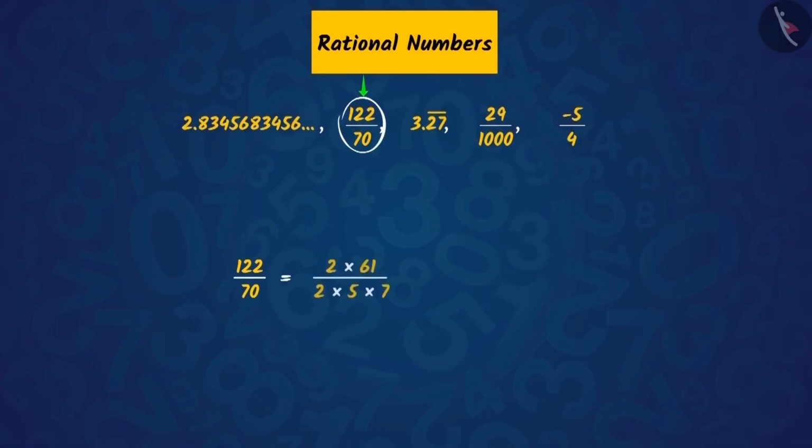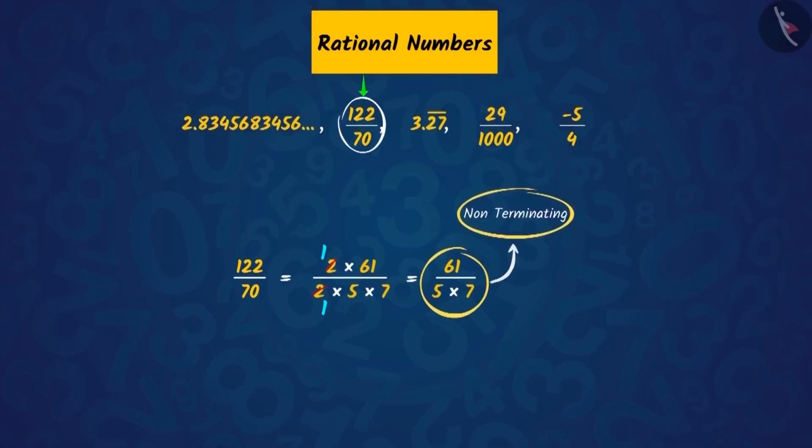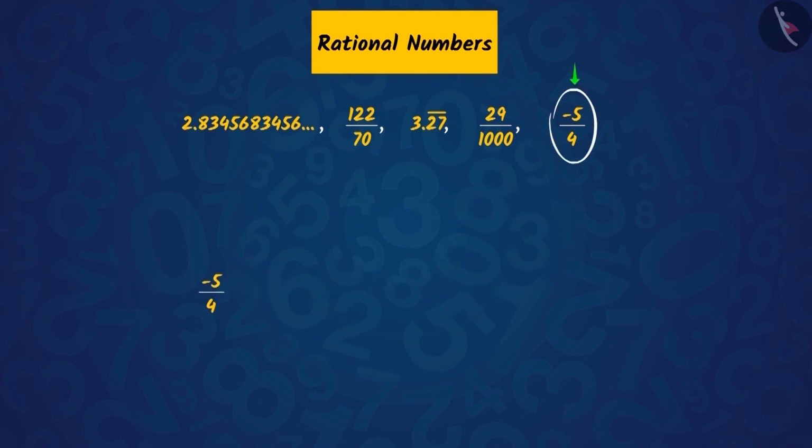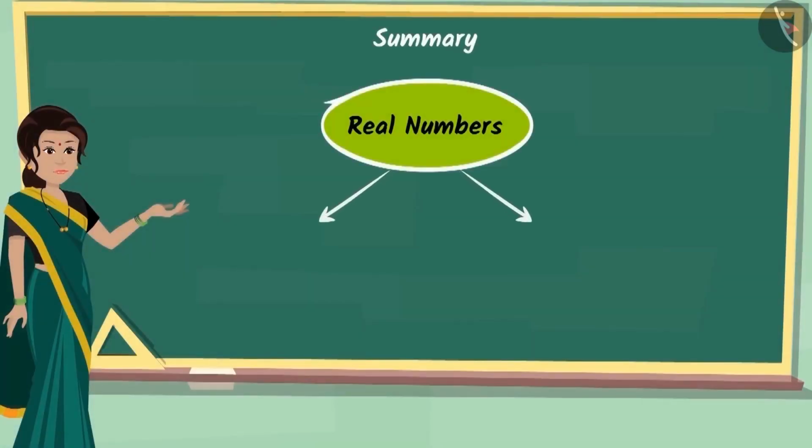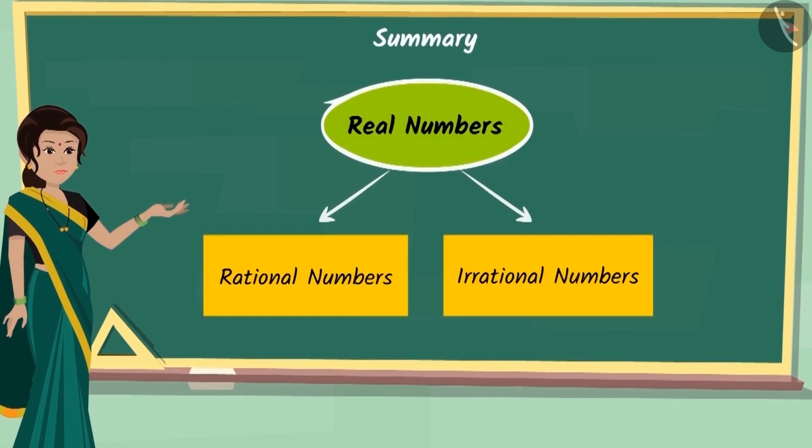As you can see in this number. Now, find out the decimal expansion of this rational number using the rules that you have learned in this video. In this video, we discussed real numbers, rational numbers, and irrational numbers.